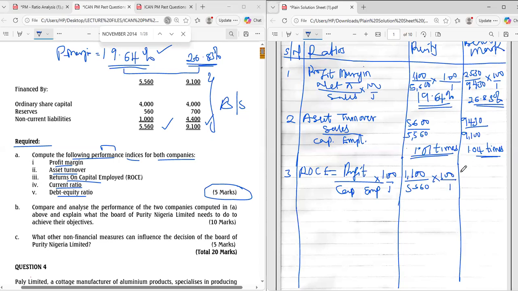So that will be 19.8%. The first one, Purity, 19.8%.